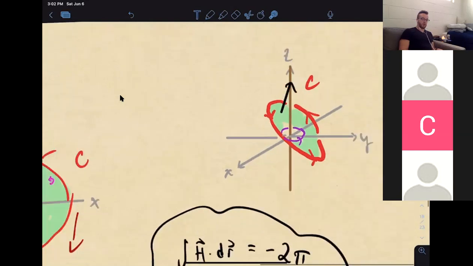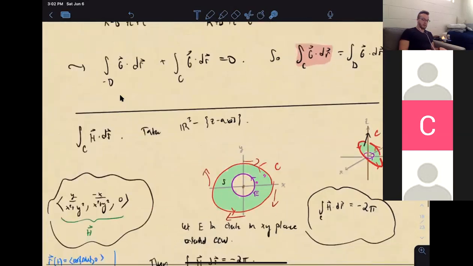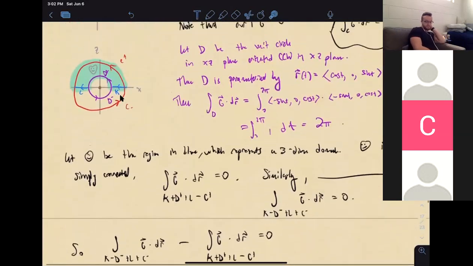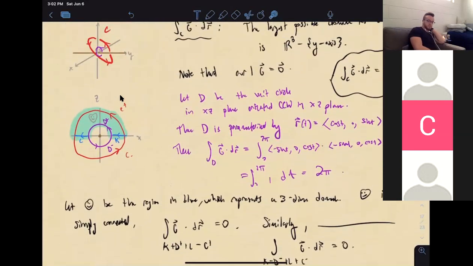And then what about my curve arithmetic stuff? If I did not exclude the z-axis, this blue domain up here would not be simply connected.